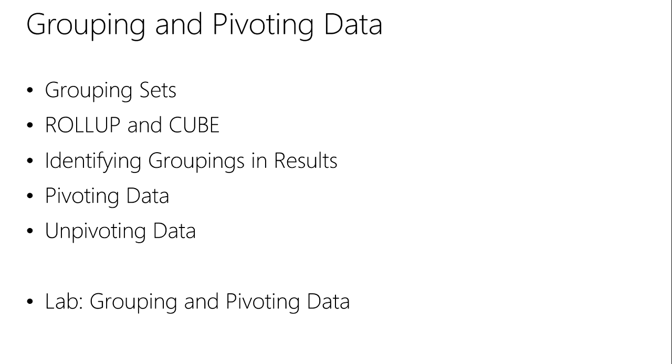So we've covered a lot of ways of aggregating and grouping our data and summarizing it in this module. We looked at grouping sets, where I can explicitly say how I want the different groupings to behave and the different levels of aggregation. We looked at roll up and cube, which are built-in grouping sets effectively that I can use to get summarized data.